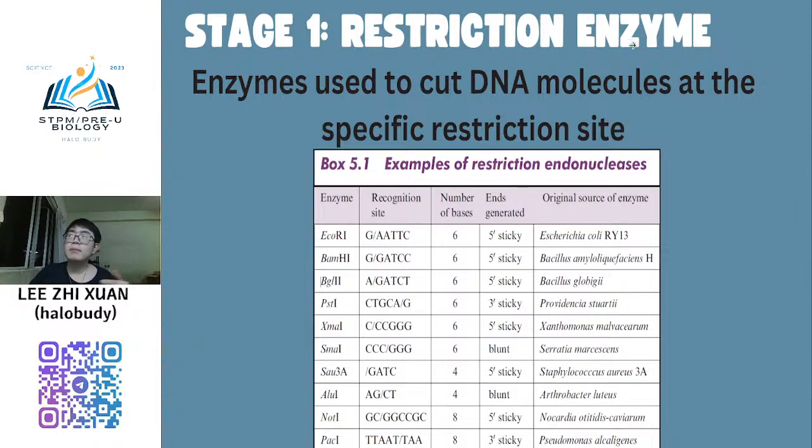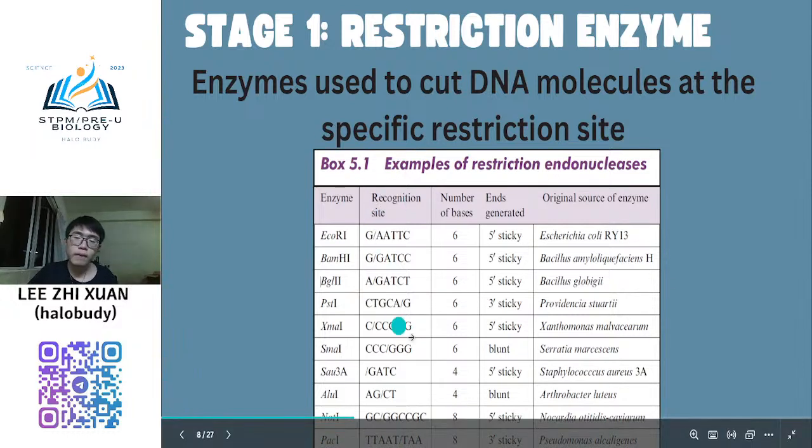Because dia bukan potong sesuka hati punya. Dia bukan potong sini, potong sana punya. Because we know that enzyme is highly specific. So, maksudnya dia ada tempat yang spesifik untuk dia potong. Hanya boleh potong dekat tempat tertentu saja. So, normally there are many types of restriction enzyme.